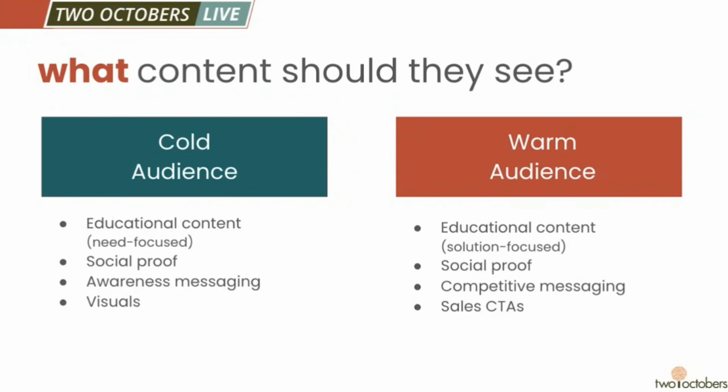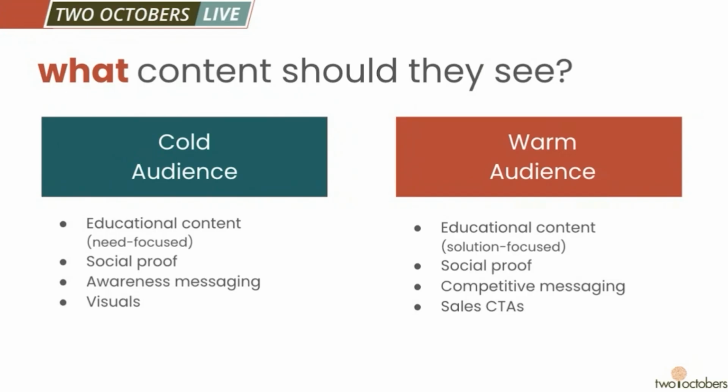And that brings us to what these different types of audiences should see. And this is where the funnel starts to get a little bit crazy, how we can approach these at any point in the funnel with the right content for them. So with your cold audiences, educational content that's need-focused, understanding what they might want or are looking for, but trying to get in touch with them with a really easy way in.